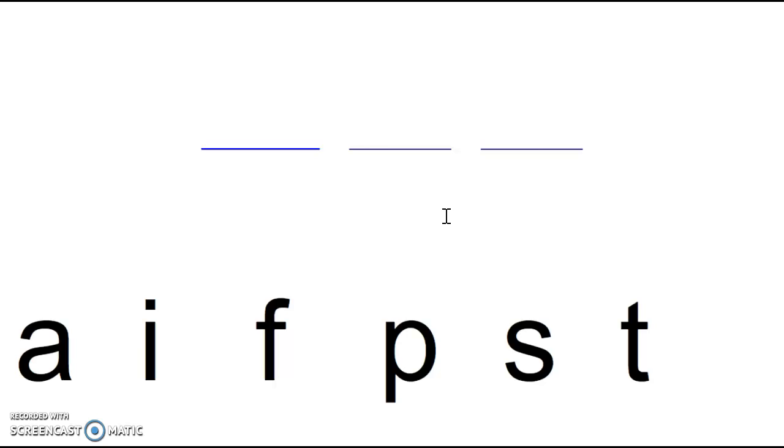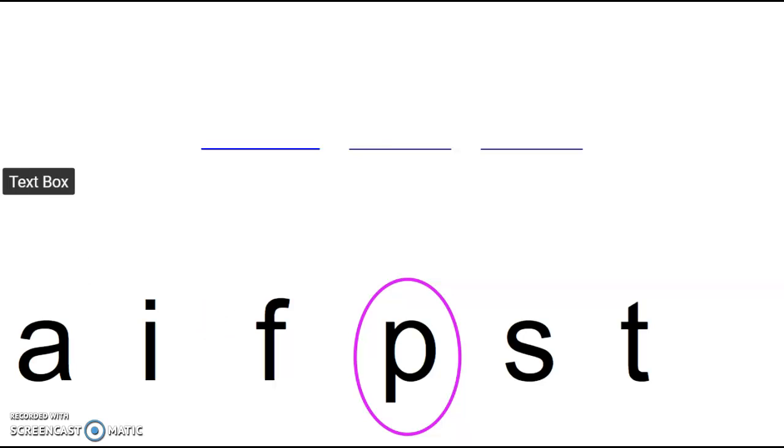Our next word has 3 letters in it. Let's begin. Our first letter makes the sound P. Out of the letters below on your screen, which letter makes the P sound? Remember, point to the letter, you may circle it, or even say that letter out loud. If you chose letter P, you are correct.